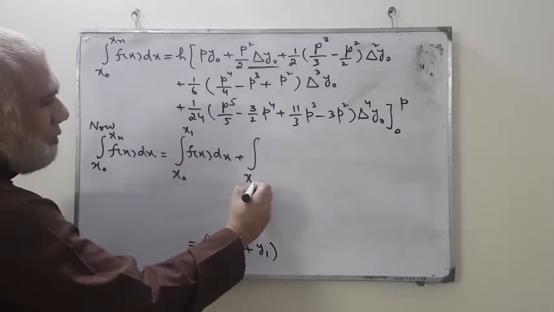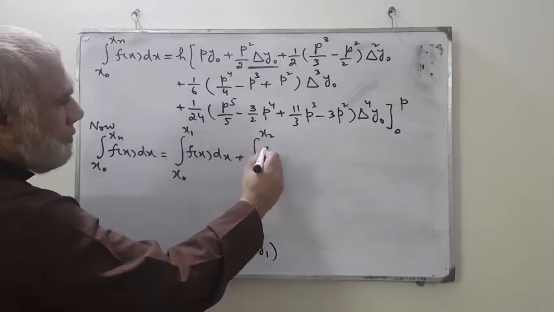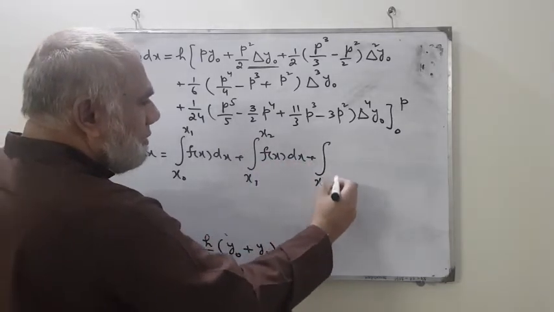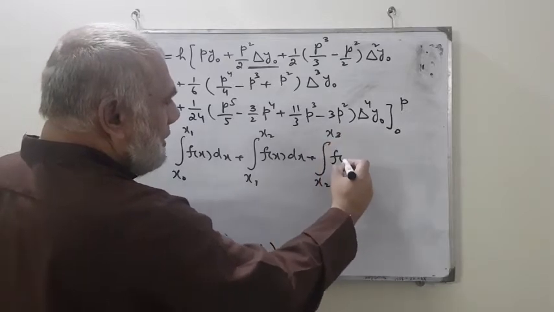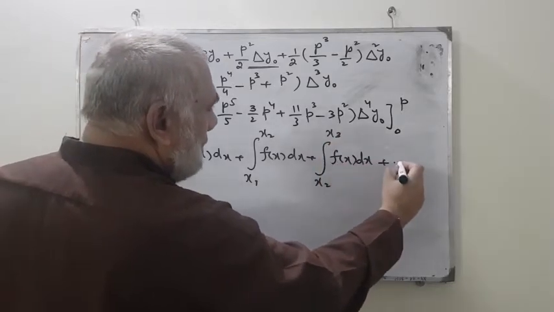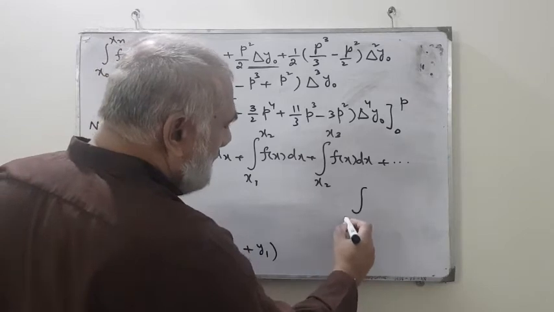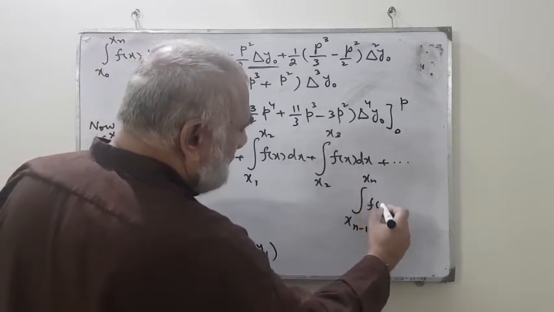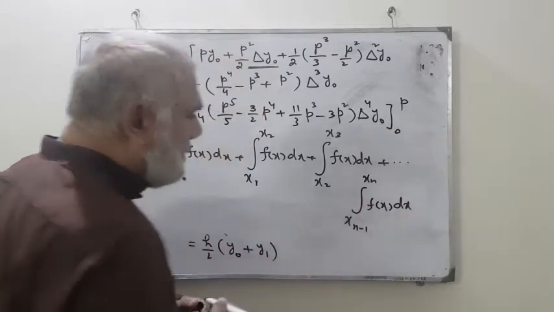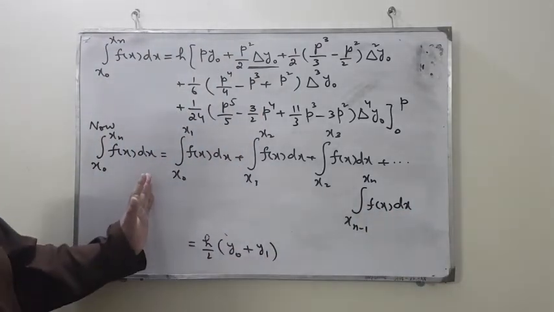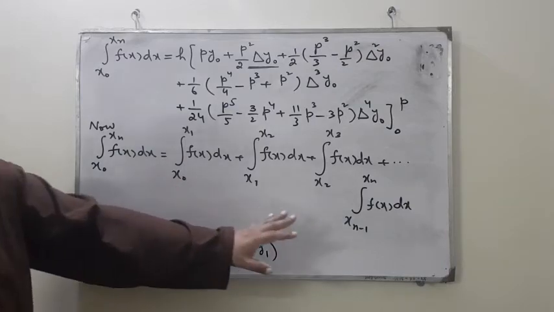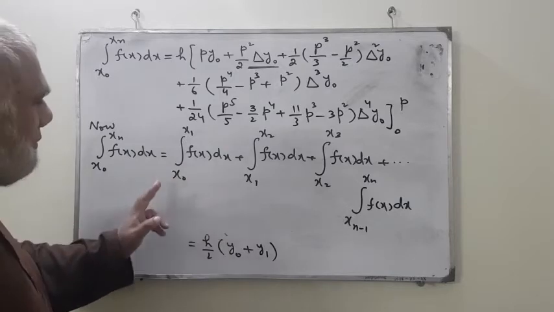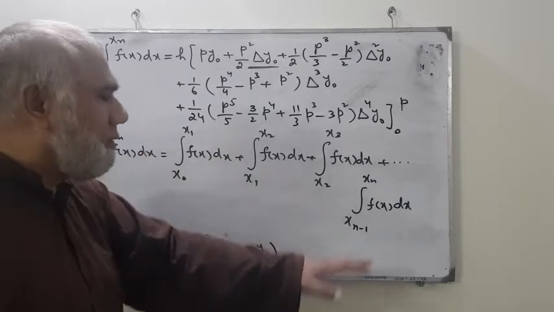The second can go from x1 to x2 f(x) dx plus x2 to x3 f(x) dx, and you can write down many more integrals, and the last will be x(n-1) to xn f(x) dx. So here I have used the property of the integrals and split it up into the subintervals, and each interval is of length h. You can see from x0 to x1, x1 to x2 and so on.